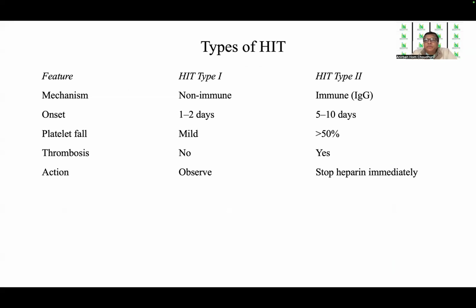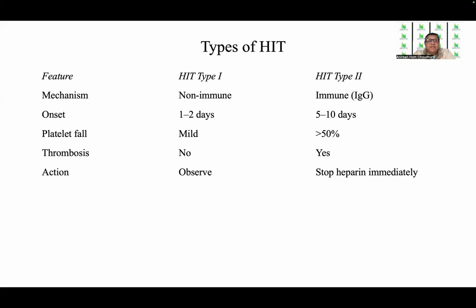Now, when we look into the types of HIT, we come across two distinct types broadly, type 1 and type 2. Type 1 is non-immune, whereas HIT type 2 is immune, mediated by IgG. The onset is early, between 1 to 2 days in type 1, and 5 to 10 days in type 2.